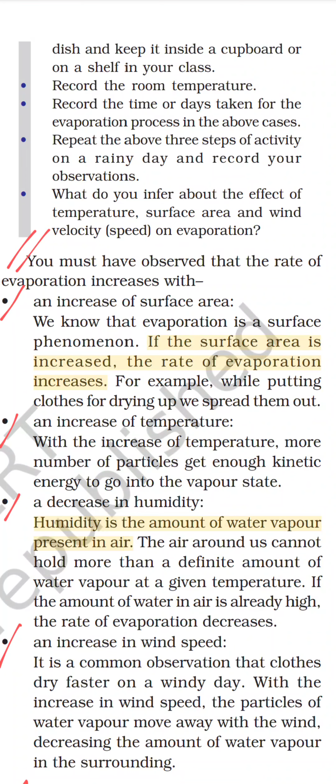The air around us cannot hold more than a definite amount of water vapor at a given temperature. If the amount of water in air is already high, the rate of evaporation decreases.